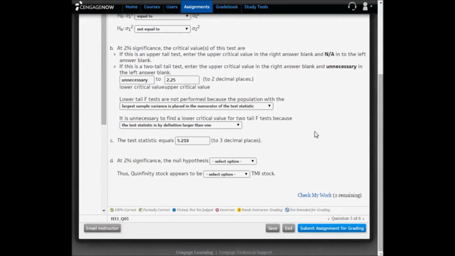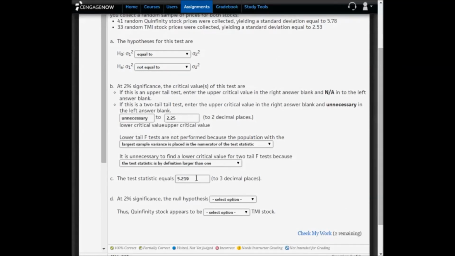Okay, so what have we got here so far? The test statistic is greater than 2.52. So the test statistic is not in between our critical values. And because it's not in between our critical values, the difference between the two variances is not insignificant.